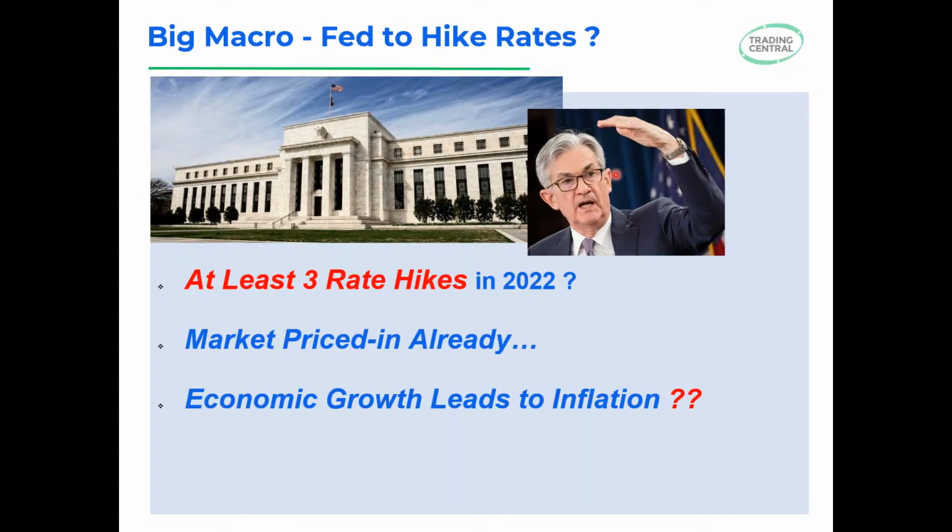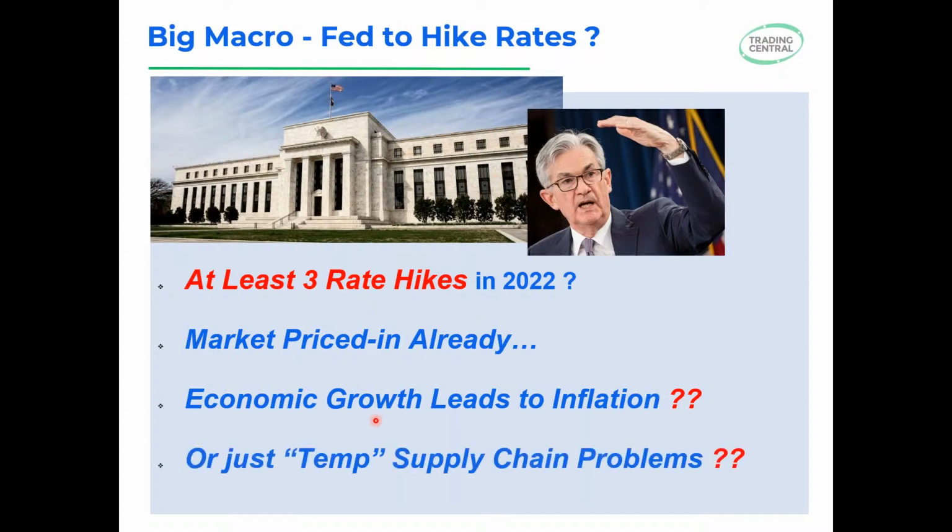This high number will last? Okay, and you have to ask yourself, or you have to check out, is this price inflation driven by economic growth, or is it just a temporary supply chain problem? Okay, this is important, and you have to ask yourself this question every day.